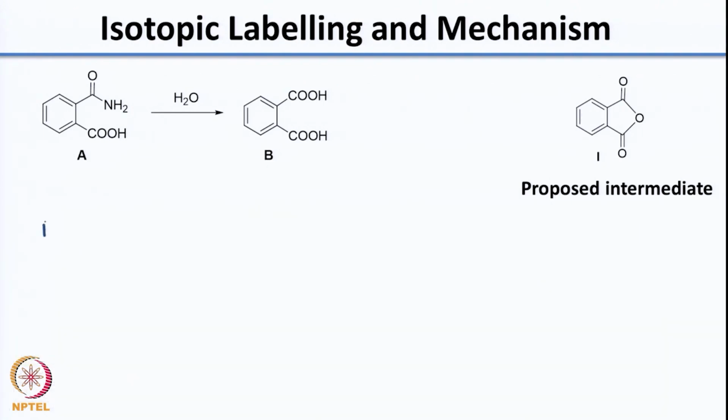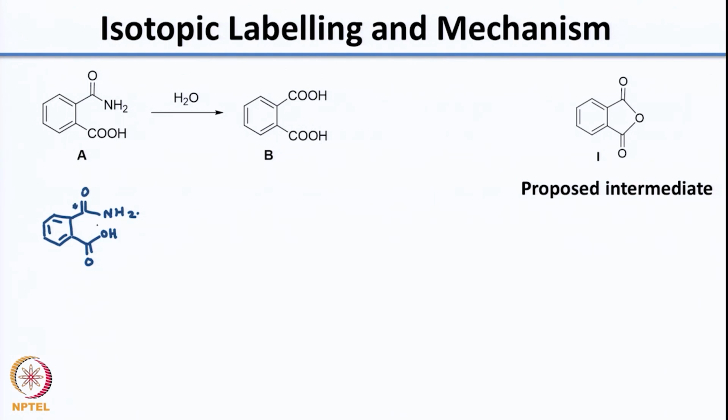So, I am going to write out the carboxylic acid group because then it will be easier for you to follow what is going on. Now, the intermediate shown here indicates that you have a nucleophilic attack by the neighboring group at this electrophilic position.